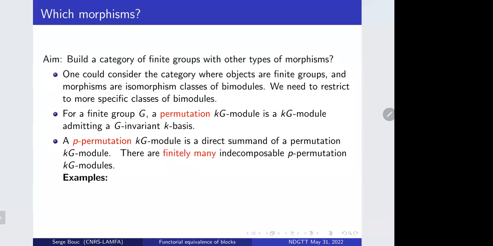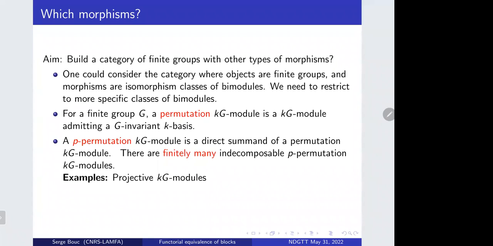There are some examples that you all know. For example, a projective KG module is a direct summand of a free KG module, and a free KG module is obviously a permutation KG module. For example, KG has a basis G, which is invariant by the action of G.